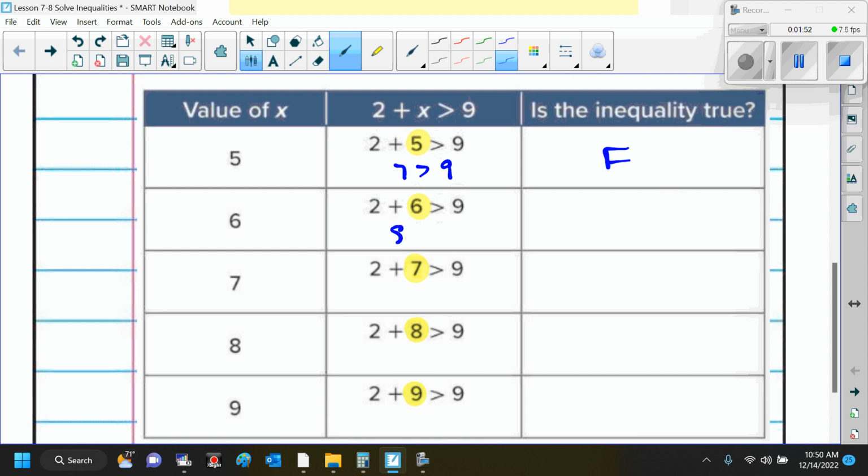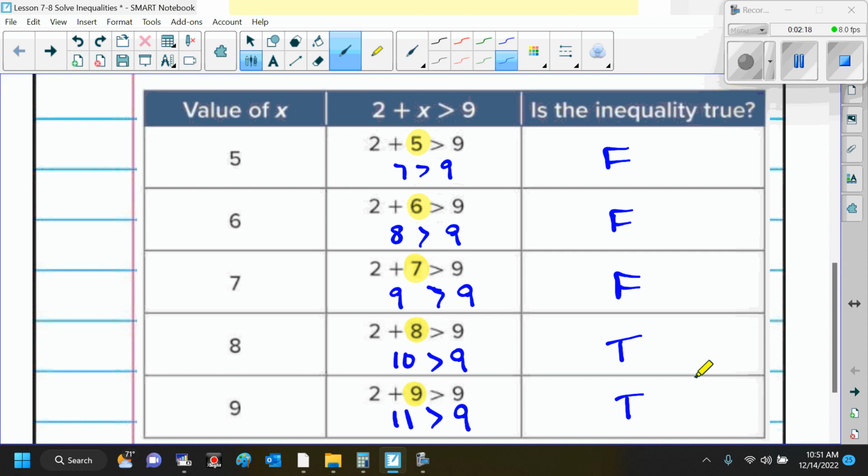What about 8 is greater than 9? False. Very good. How about 9 is greater than 9? No, that's false. It's equal. Very good. And then we've got 10 is greater than 9. Yes, that's true. And then 11 is greater than 9. That is true. Is everybody clear with that?